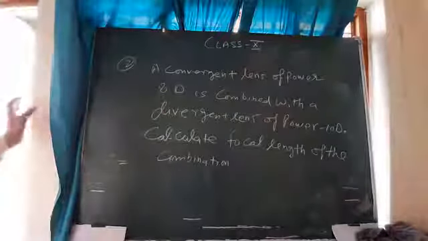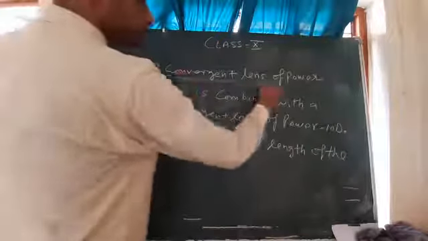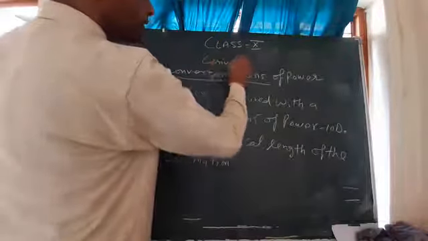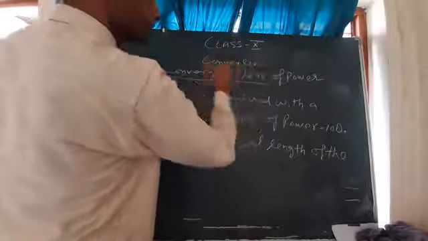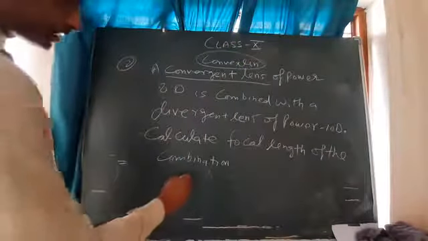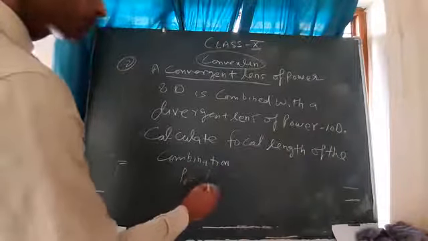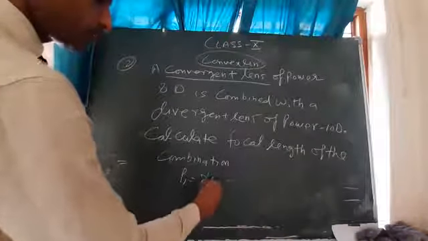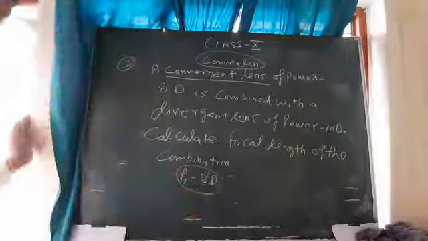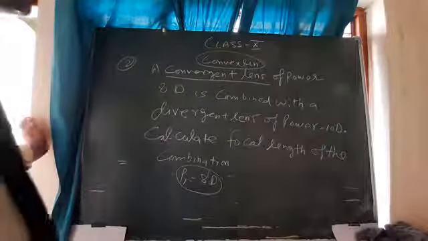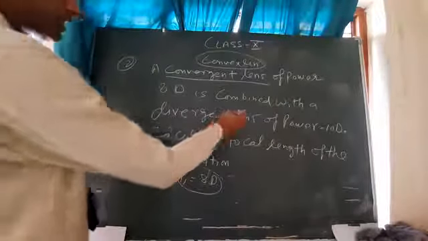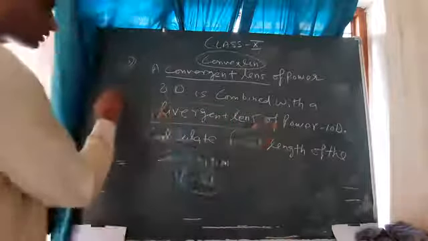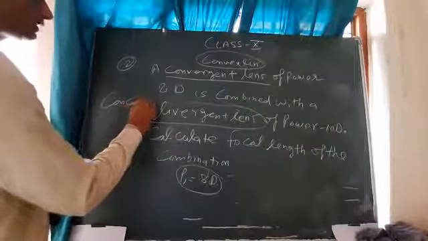So in this question, convergent means this is a convex lens, and P1 equal to 8 diopter. This is the power of the first lens. And the second is a divergent lens. Divergent means this is a concave lens. So P2 equal to minus 10D.